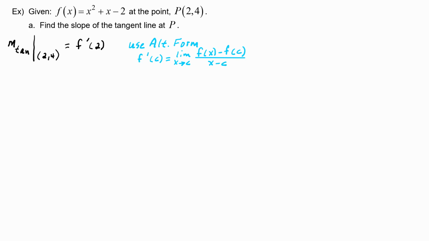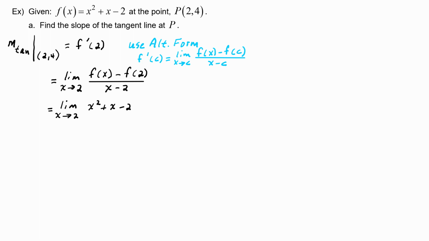So for our example, we will have to do the limit as x approaches 2 of f of x minus f of 2 over x minus 2. That is equal to the limit as x approaches 2 of f of x, which is given to us, x squared plus x minus 2.